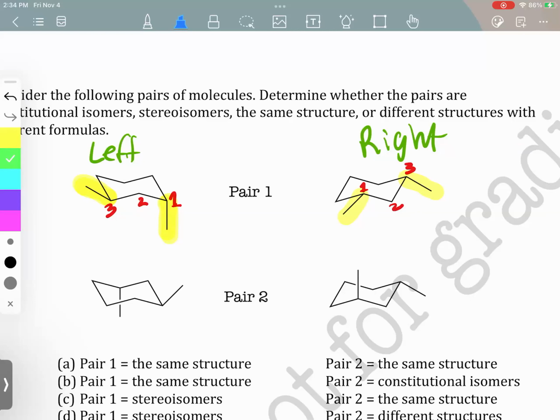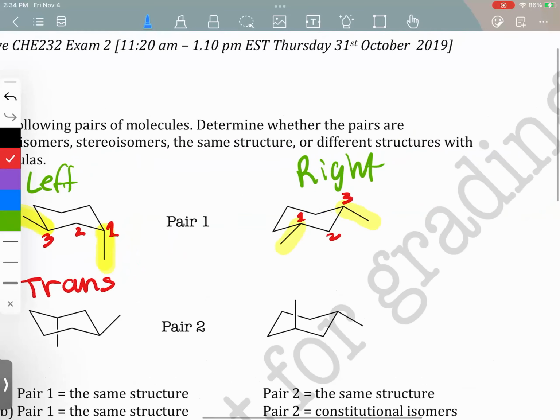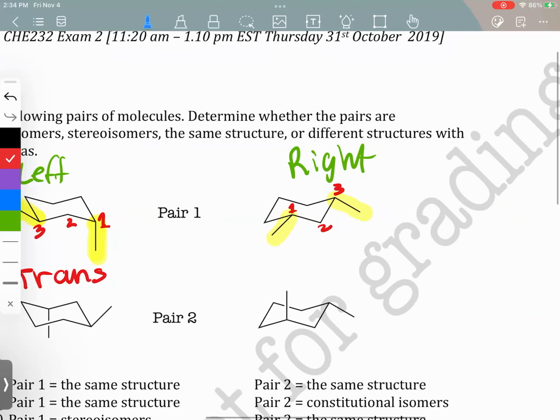And when they're opposite, that means they're in what type of configuration? Trans. Both those methyl substituents are facing opposite from each other. One's going up, one's going down. So this molecule has trans substituents. And in 2, are they going opposite or the same way?